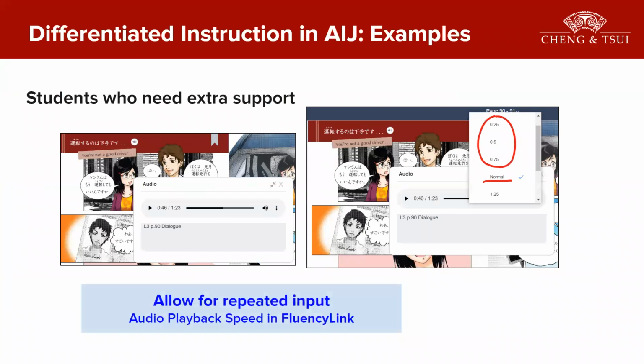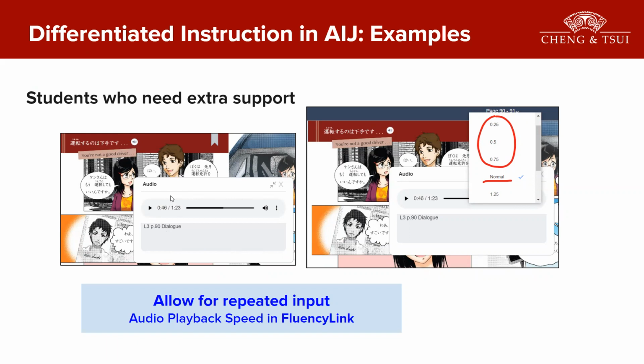Allowing repeated input is important for students who need extra support. The audio playback hotspots in Fluency Link allow you to activate the audio easily. You can basically click on the audio hotspot button, and then an audio clip will open for you.